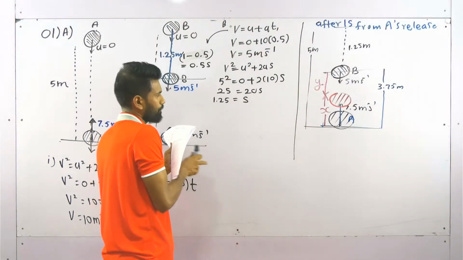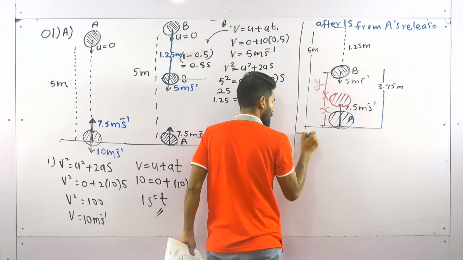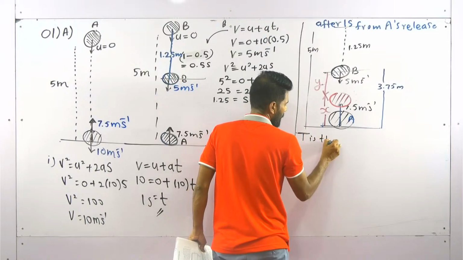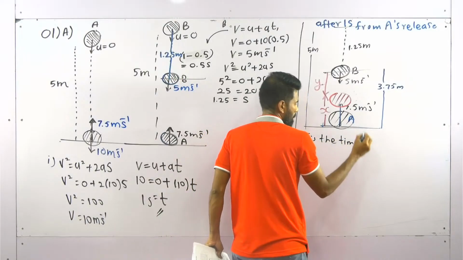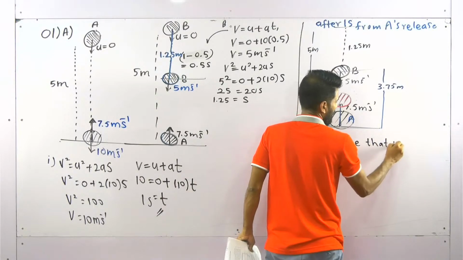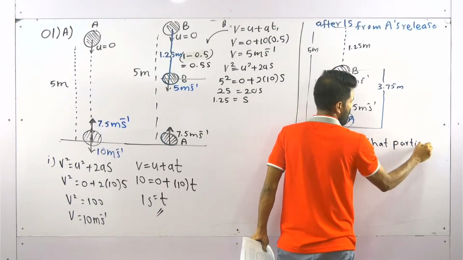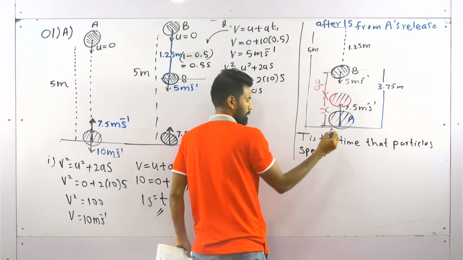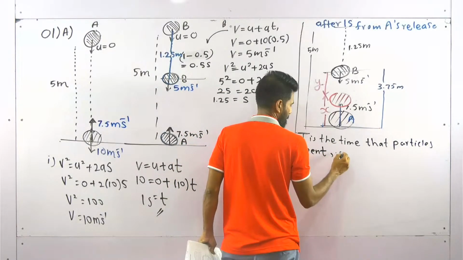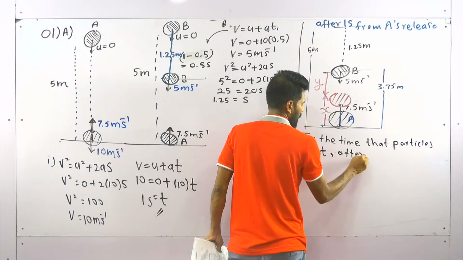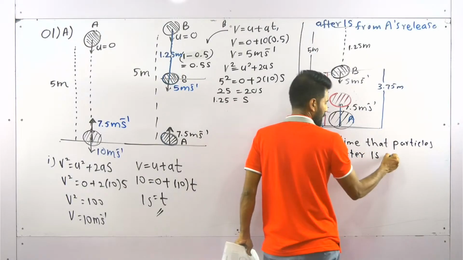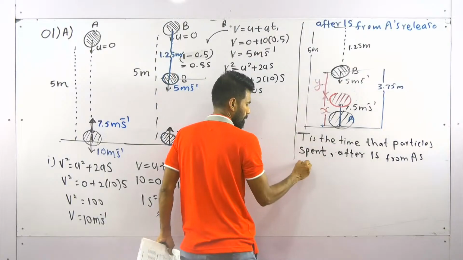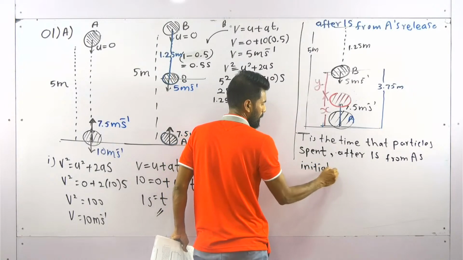I'm introducing the symbol capital T. T is the time that the particles spent after 1 second from capital A's initial release.